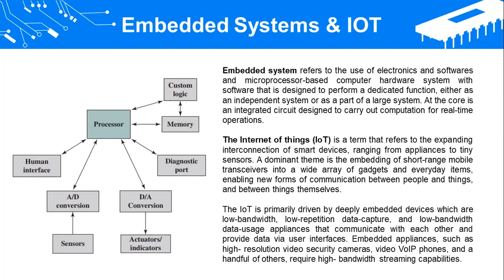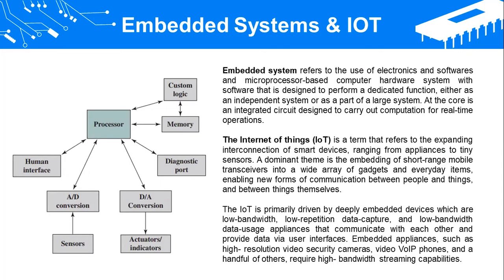At the core is an integrated circuit designed to carry out computation for real-time operations. A basic example of an electronic device which uses an embedded system is a calculator, because a calculator has a specific purpose, to do calculations.